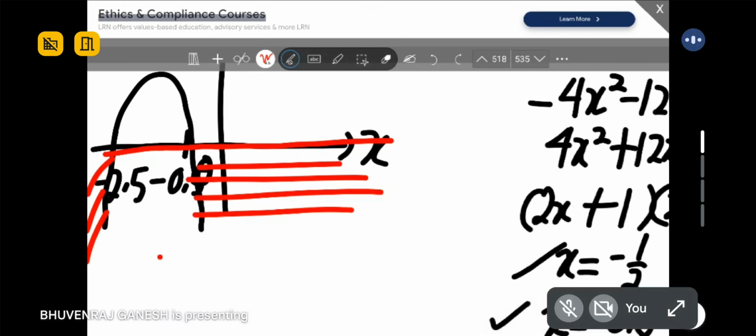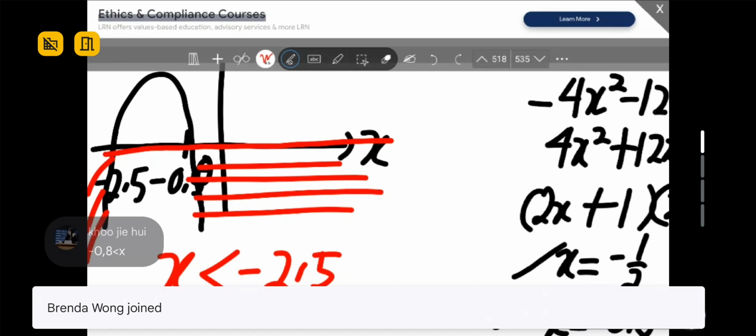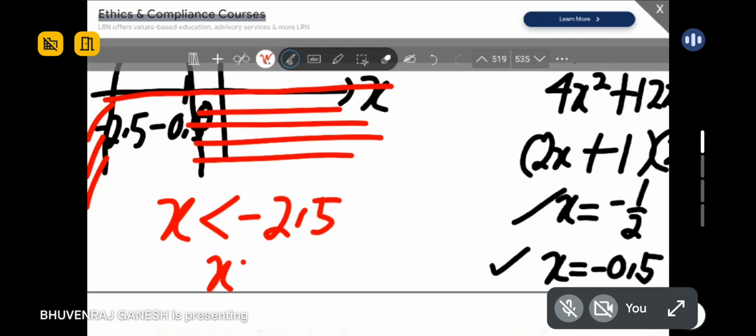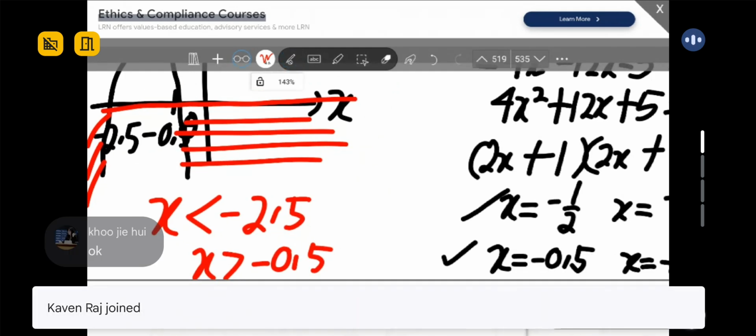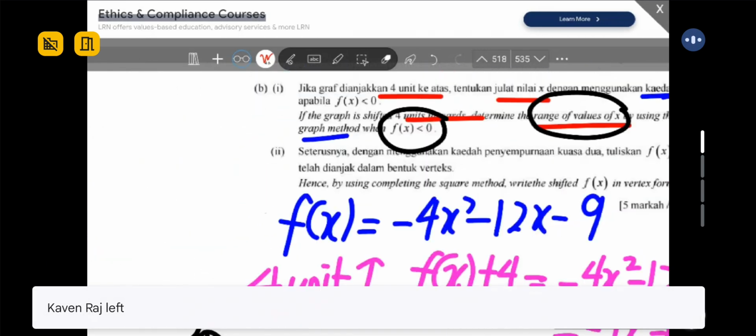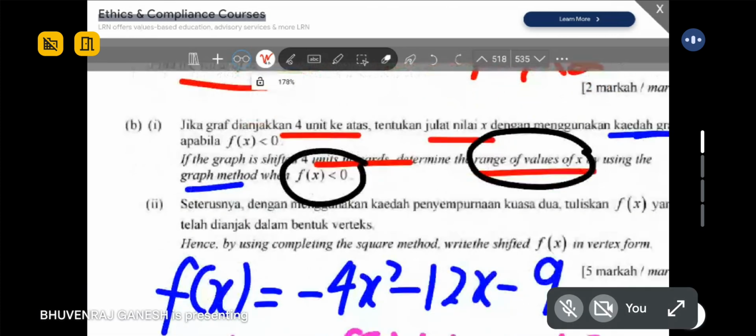Yes, correct. x less than negative 2.5. Okay, next one. There is one more. x greater than negative 0.5. Yes, very good. Okay, guys, understand? Dapat? So this is how you get the answer. All right, so this is how you solve question B1.